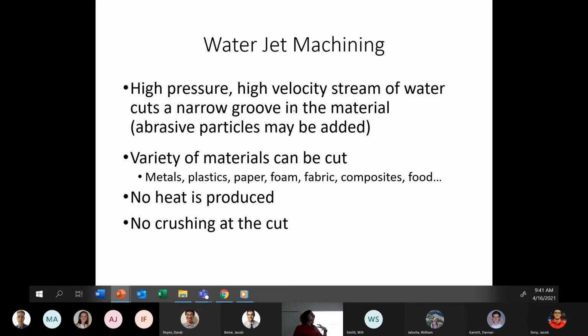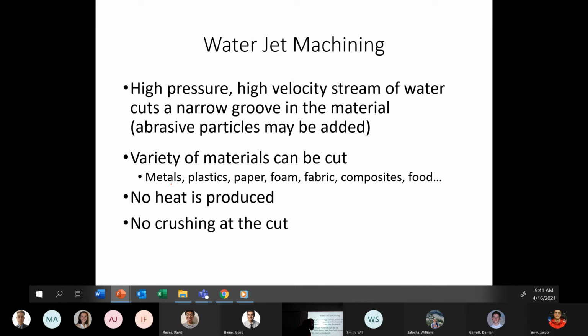That's where some of the composites come in. If you have, for instance, a plastic and a glass, water jet can do very well with that. We can cut metals. Metals are a little more difficult, but we certainly can cut those. We may need to add abrasives. Plastics go very well. Paper, foam, fabric, again composites, and food.